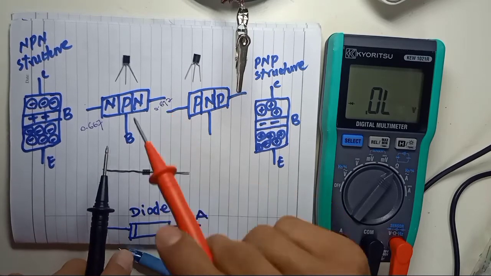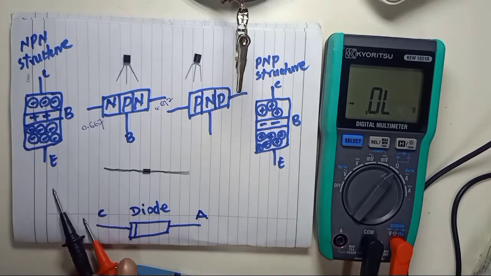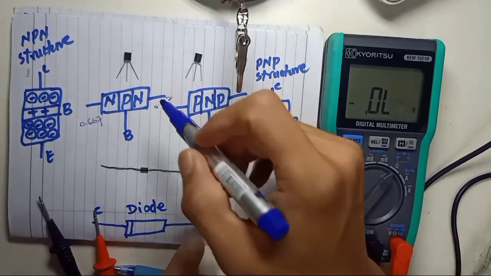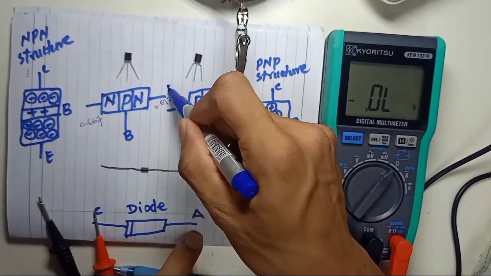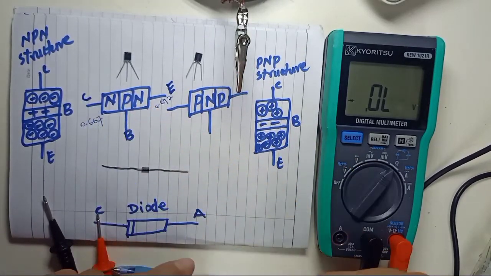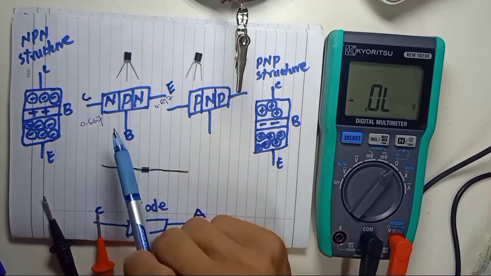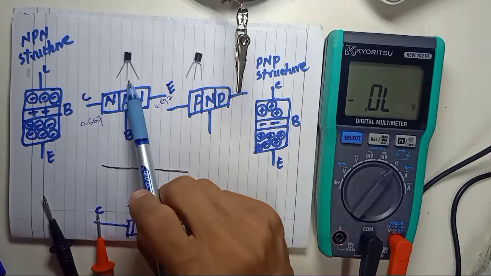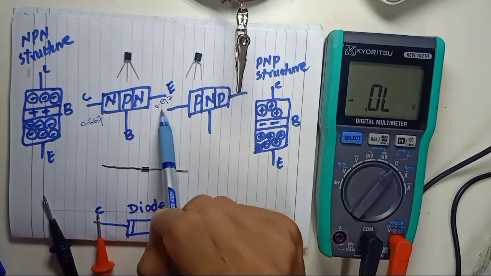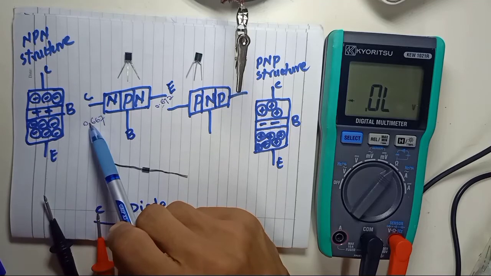That means this side is emitter, and the rest, this side, is collector. So in the middle is base, this side is emitter, heavily doped, and the less doped side is collector.